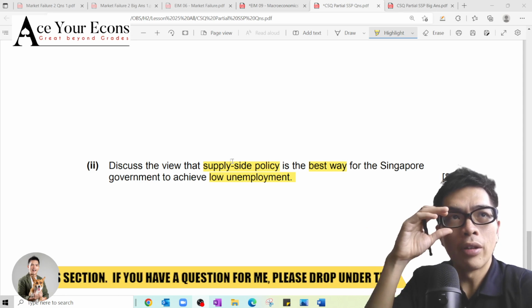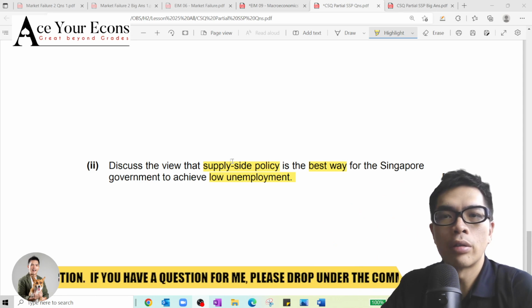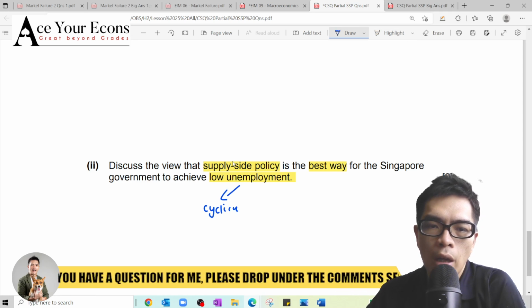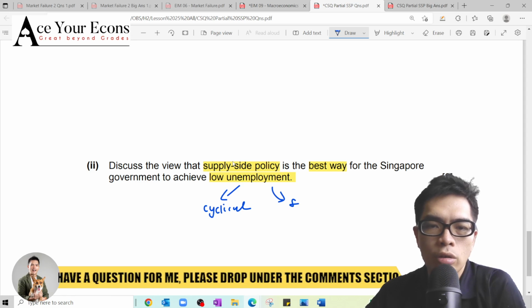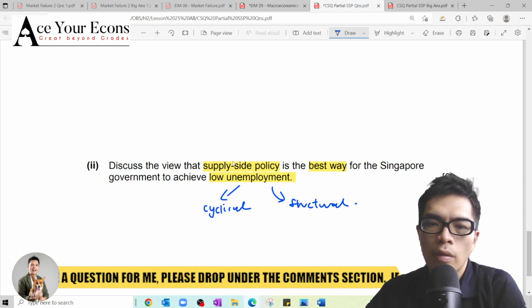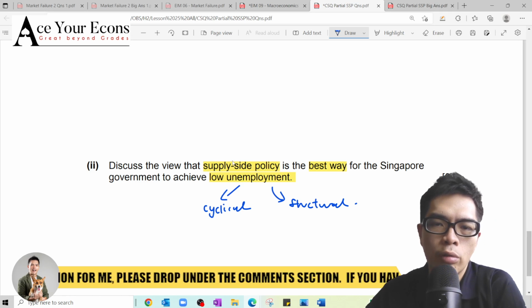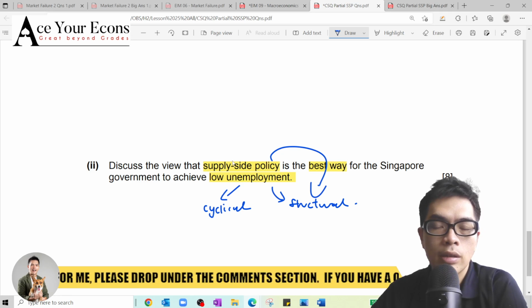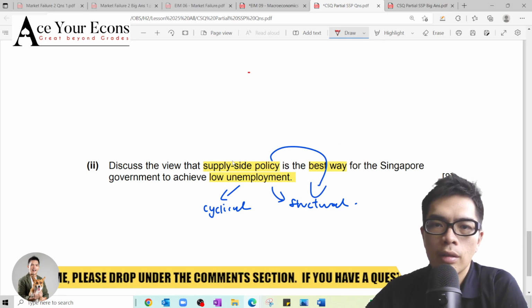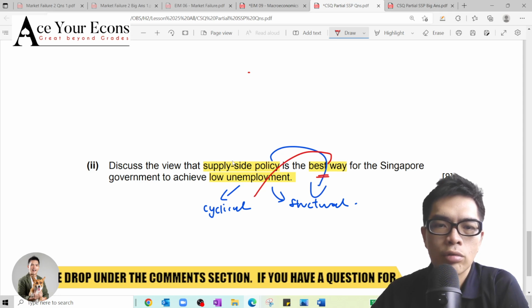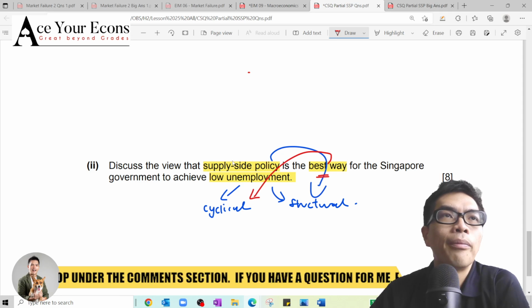Even with unemployment, you have to look into cyclical and structural. And the way this question is designed is such that structural will be used to correct this. And you realize that with best way, something else will be used to correct cyclical.